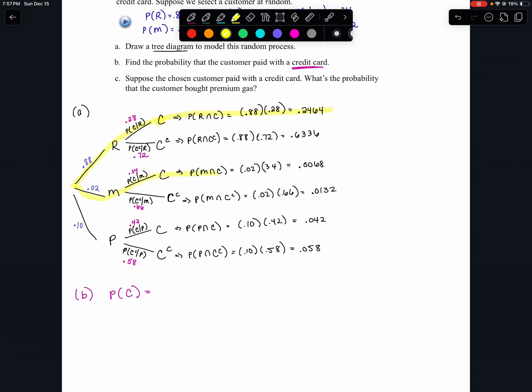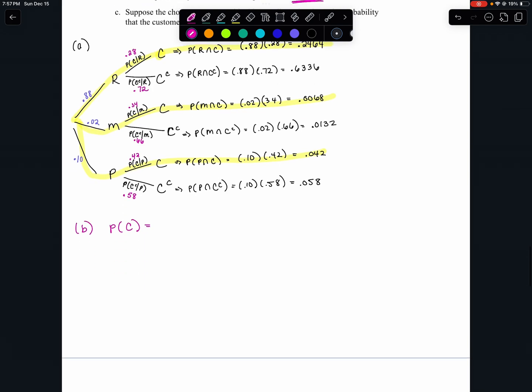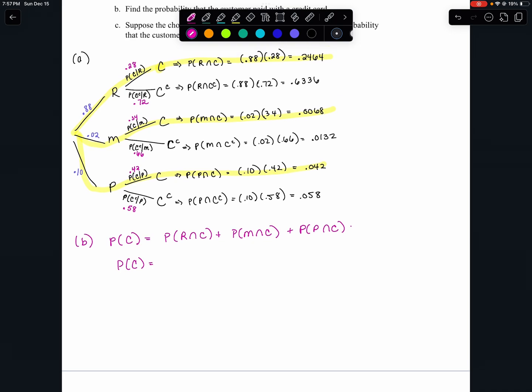They could have gotten mid-grade and paid with a credit card, or they could have gotten premium and paid with a credit card. So if I write that out, then I'm going to say regular and credit card plus mid-grade and credit card plus premium and credit card, which we have all those numbers already calculated because we just kind of did all that ahead of time.